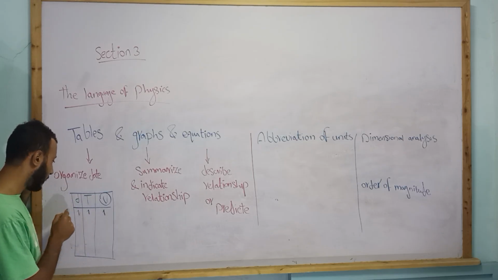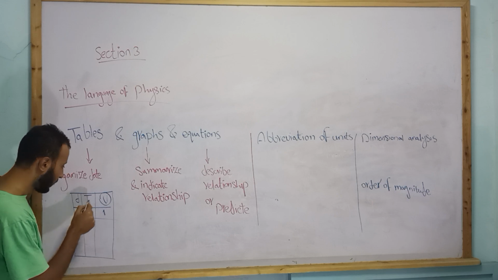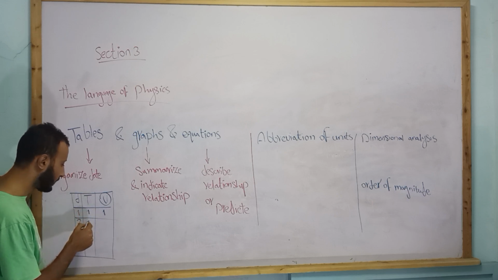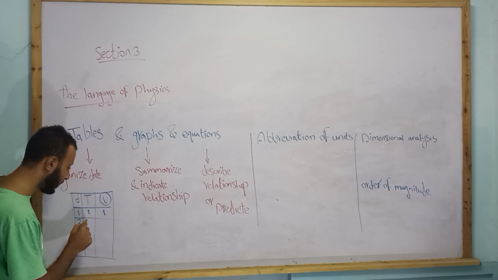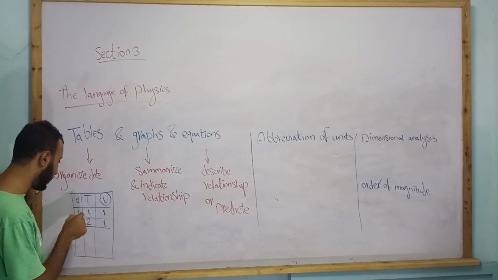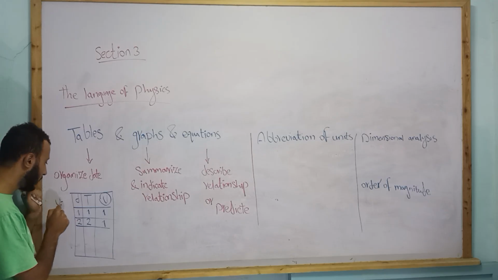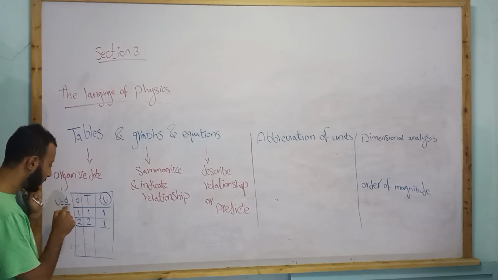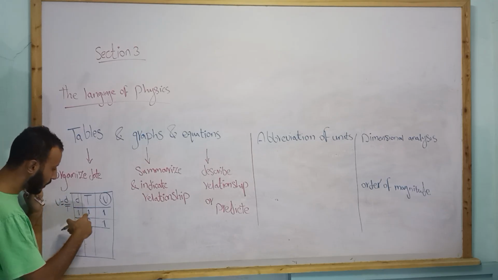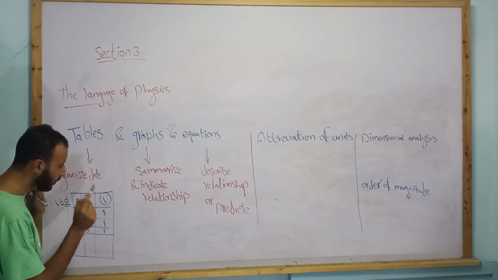And when the distance was 2, and the time was 2 seconds, the velocity is also 1, because the velocity V equals d over t: 1 over 1 equals 1, 2 over 2 equals 1, 3 over 3 equals 1.